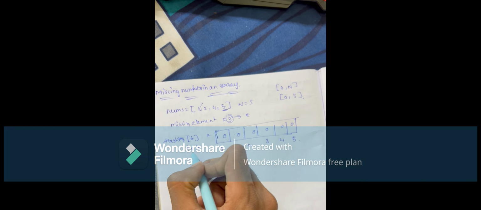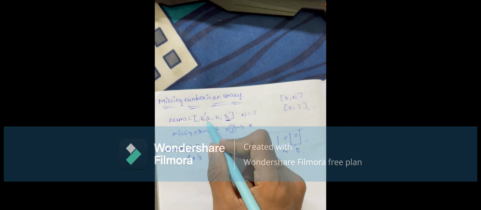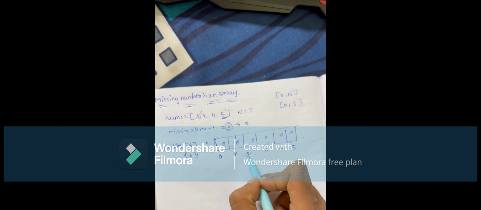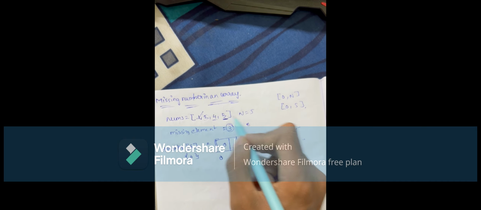When we iterate through a loop, if 1 occurs, the value at place 1 becomes 1 because we are incrementing the value at that place. After that, when 2 occurs, it's going to increment to 1. When 4 occurs, it's going to increment to 1. When 5 occurs, we're going to increment it to 1.